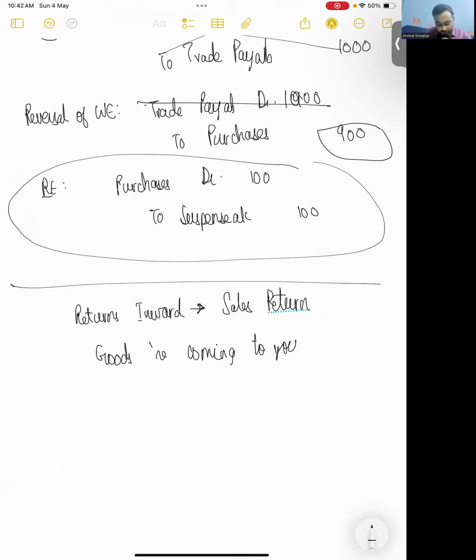When will goods come inside your premises? Only when the goods have been returned by your customer. You sold initially, then your customer returned the goods. They are coming inside. That is why this is referred to as returns inward. I hope you understood that returns inward and sales return are the same and you understood the logic for the same.